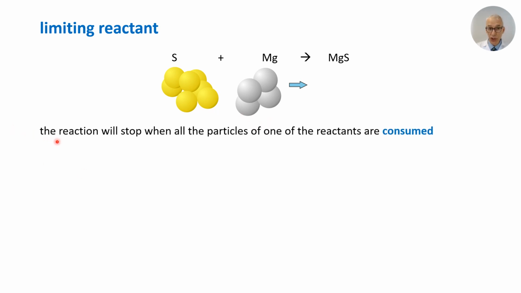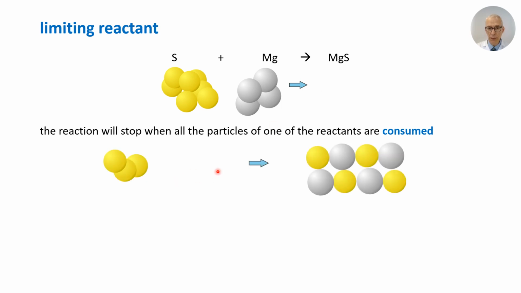The reaction will stop when the particles of one of the reactants are consumed. How many units of magnesium sulfide could be made starting with 4 magnesiums and 7 sulfurs? Pause, think it through, come back to check when you are ready.